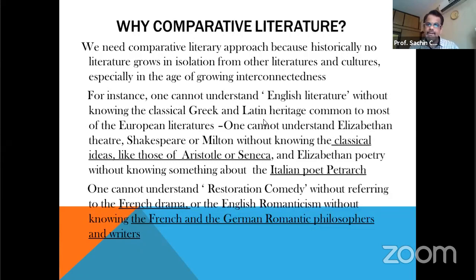We need a comparative literature approach because historically no literature grows in isolation from other literatures and cultures, especially in the age of growing interconnectedness. As we are sitting here, there are people from across the subcontinent who have logged in and are listening, and they come from various cultural histories. There are histories of migration and interconnectedness.